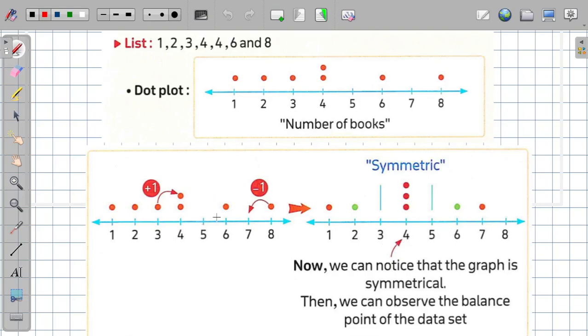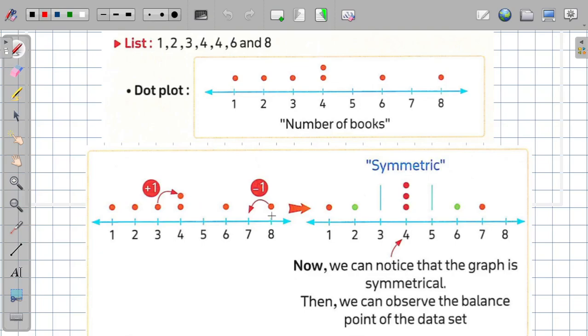I will move the dot of 8 to 7 and the dot of 3 to 4. And look carefully: if I move one point to the right direction, I will move another point in the left direction.